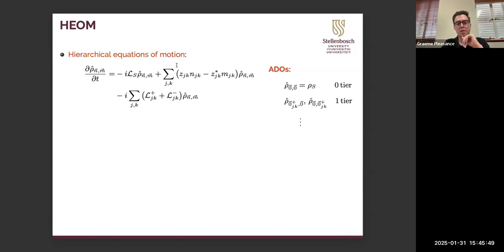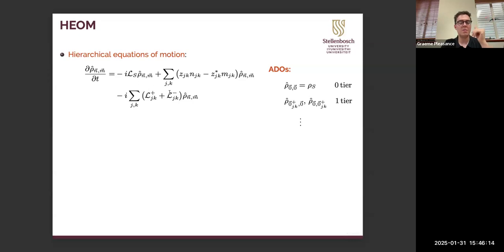The hierarchical equations of motion approach is an extension of a master equation approach, in the sense that rather than just having an equation of motion for the reduced density matrix of your system, you extend this to a hierarchy of equations that depend on objects called auxiliary density operators, and they obey this equation here.